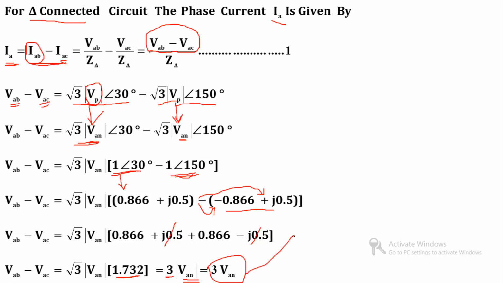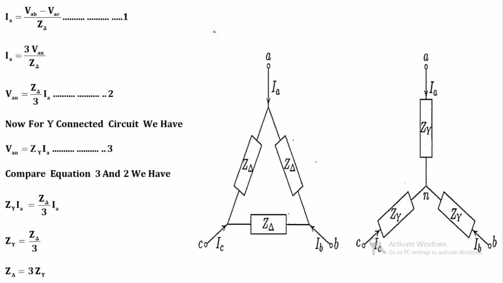So put the value of 3 VAN in place of VAB minus VAC. So current IA is given as 3 VAN upon Z delta. From this equation we can write phase voltage VAN is equal to Z delta by 3 into IA.